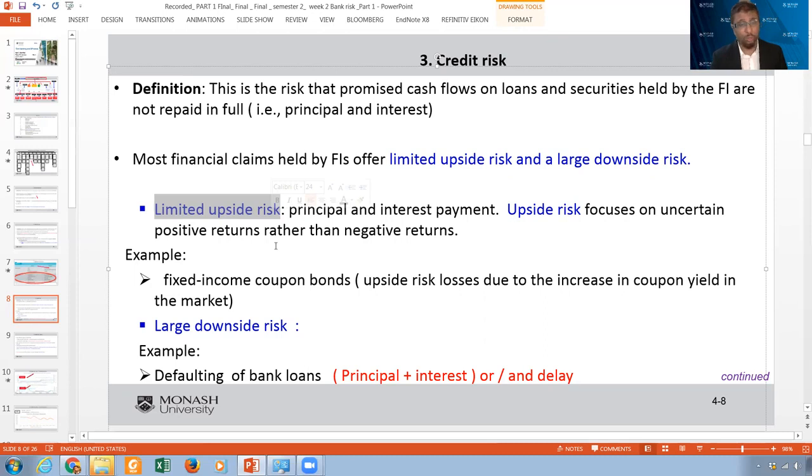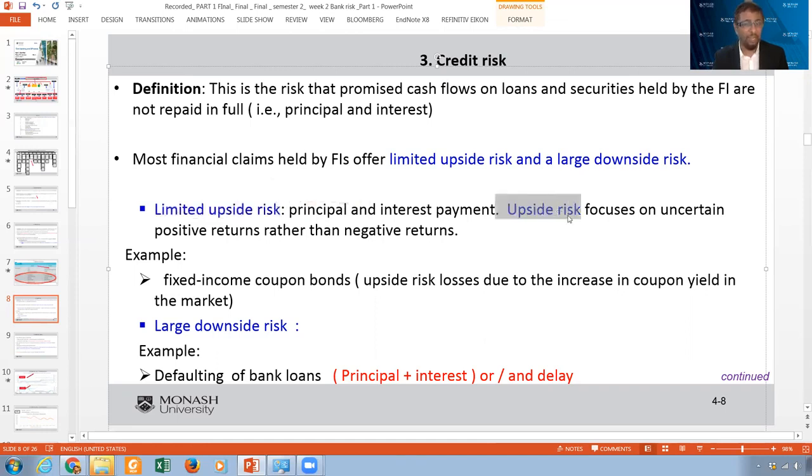You didn't lose on your investment, you still get the 5%, but the upside risk is that you are getting 5% while other people in the market are getting 7% or 8%. This is related to your forecasting, your analysis, and your expertise. We call this upside risk.